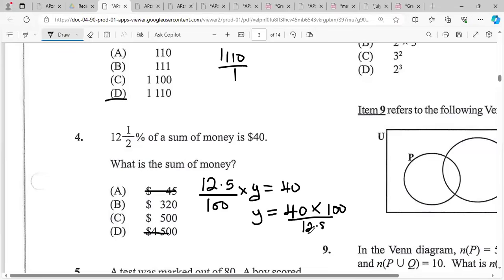So if we don't like to work with decimals, we probably can double the 40, you know, and then double this to 25%. So this would be what? 80 times 100 divided by 25. 25 into that 1, 25 into this 4. So yeah, 320.